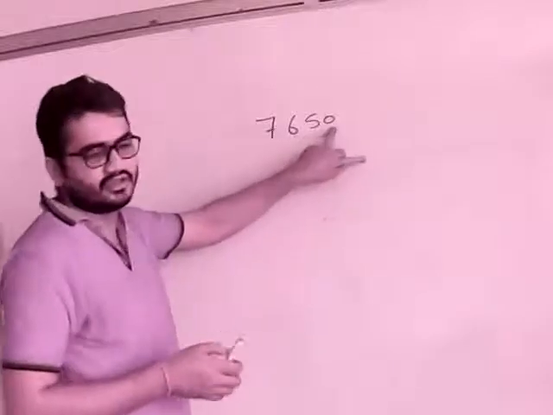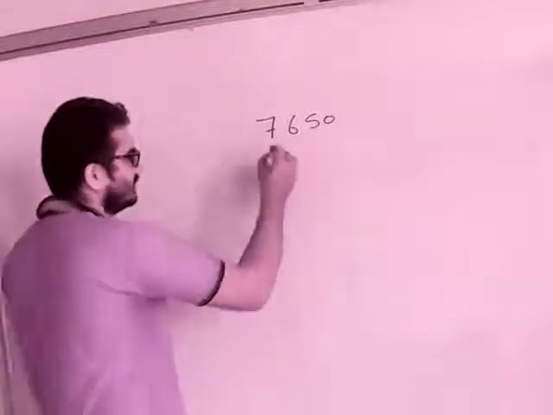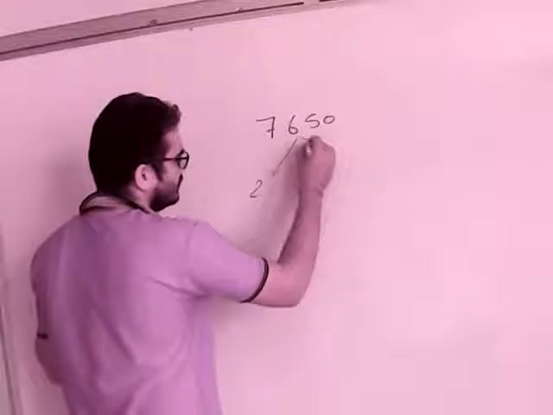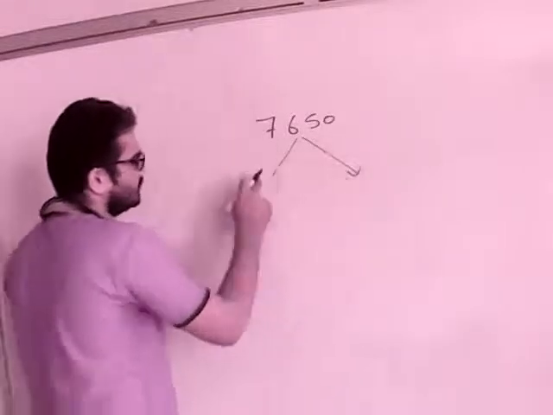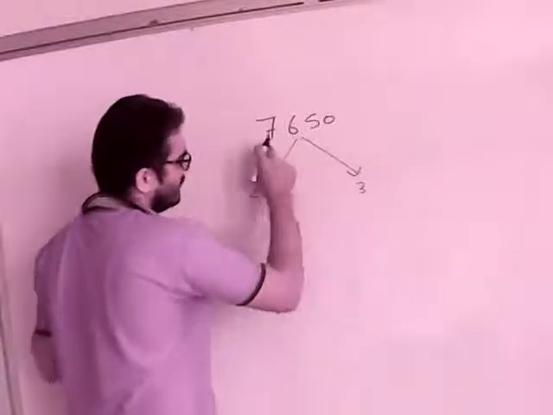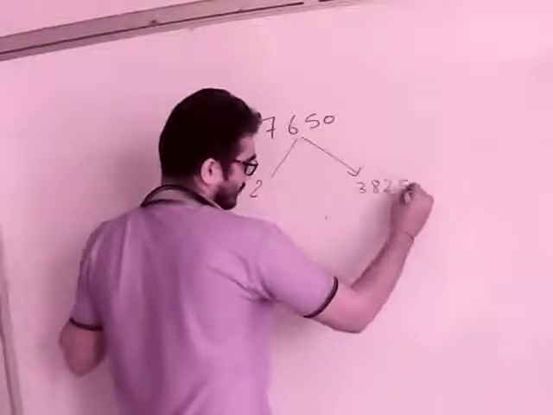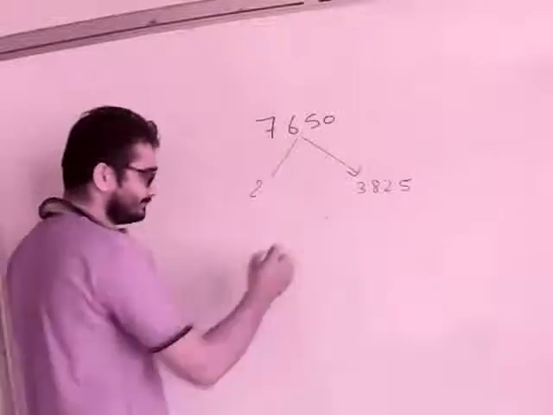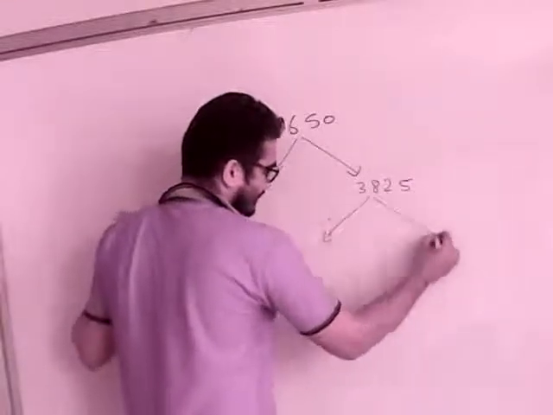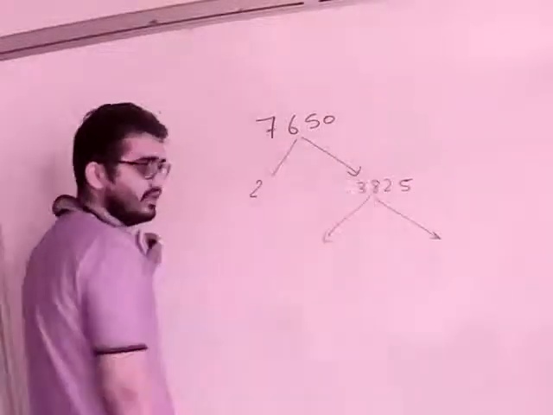As you can see, here is 0, so this will be divisible by 2. So we can have 2 here and in another branch we will see: 2 3s are 6, so 3 will be here, 1 is there, 2 8s are 16, 2 2s are 4, 2 5s are 10. Now 5 is there, so this number must be divided by 5.